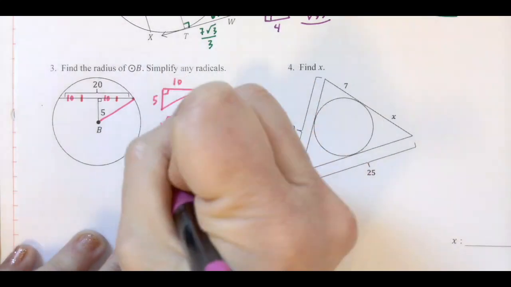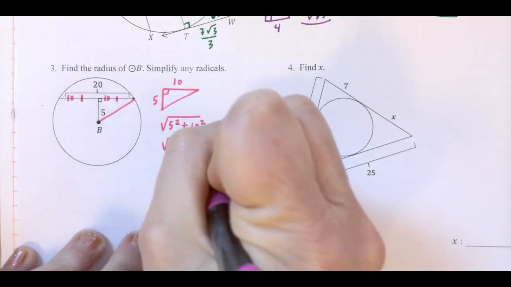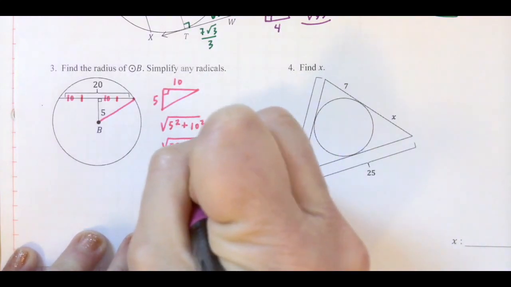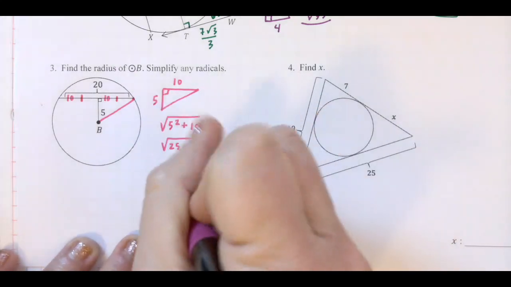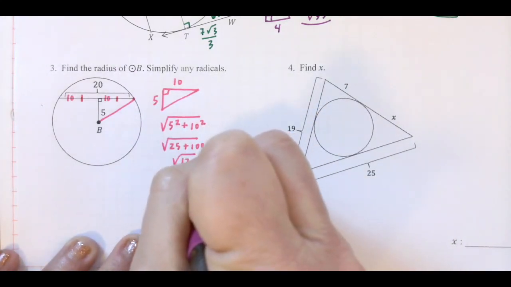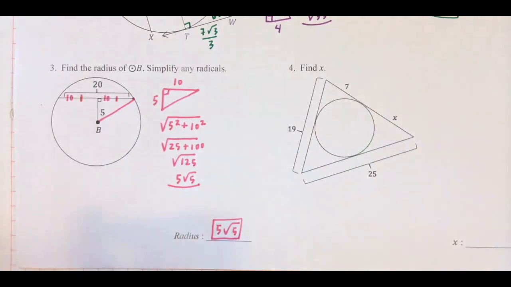I'm trying to get to the hypotenuse. So 25 plus 100, I'm at 125, and that's 25 times 5. So I get 5 root 5 when I simplify. So my radius, my center to any point on the circle, has to have a measure of 5 root 5.